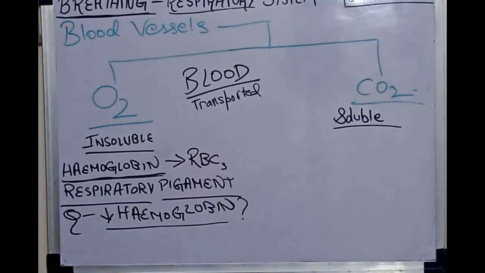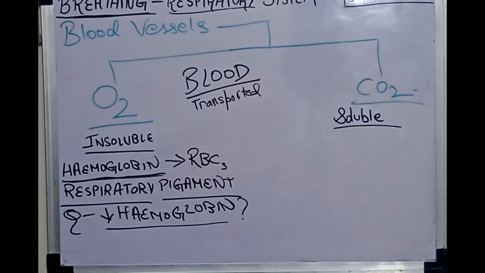Because carbon dioxide is soluble, it gets mixed with blood and is collected from the whole body and reaches the lungs. But oxygen needs to be transported to all parts of the body, and oxygen is insoluble in blood. Hence it gets attached to your hemoglobin really tightly, and this hemoglobin in your RBCs helps us transport the oxygen in your blood vessels. That is why it is also known as respiratory pigment.